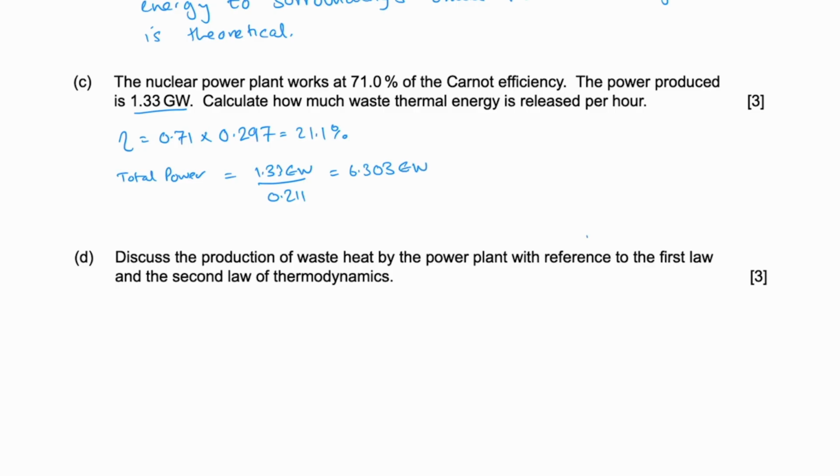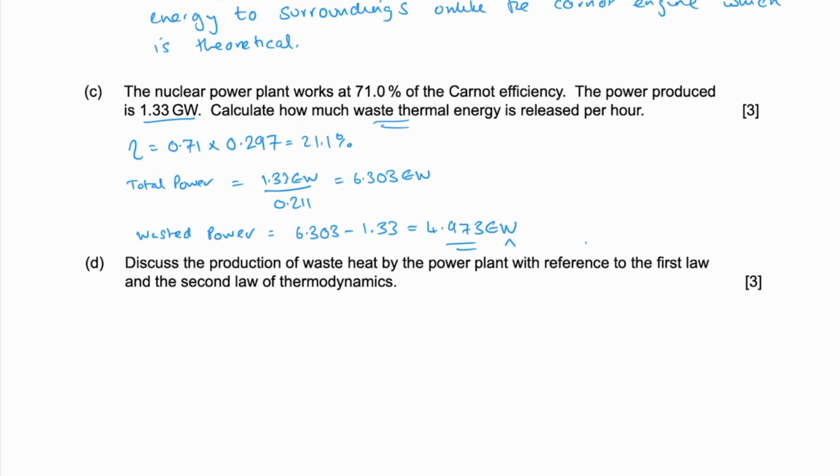Then what we want to do is work out what the wasted power is, because the question does ask for wasted power. So the wasted power is 6.303 minus 1.33, which gives us a value of 4.973 gigawatts. That's what's wasted per second.